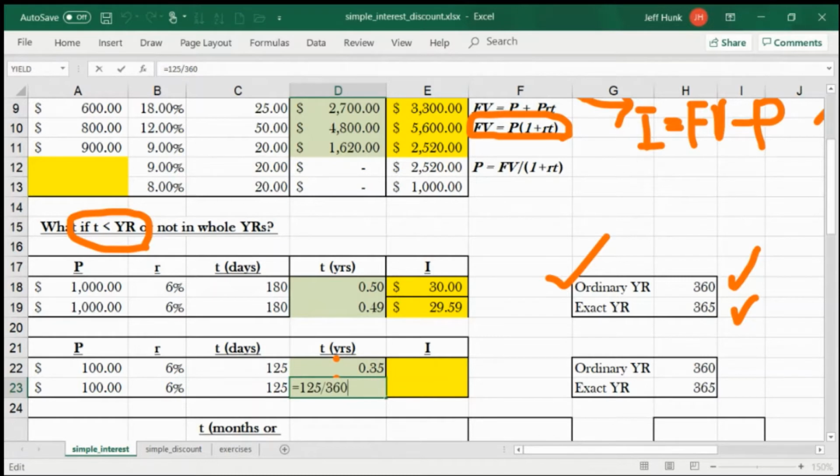And obviously this is not the ordinary year, then you will have to manually make the adjustment. How inconvenient and how unrewarding.